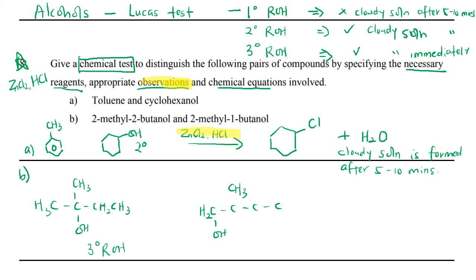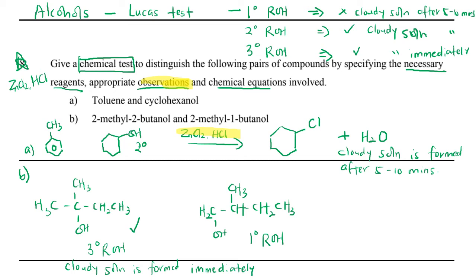This is a primary alcohol. So between these two, the tertiary alcohol will show the change, and the cloudy solution is formed immediately. Okay, in the next slide, I will show you the complete answer.